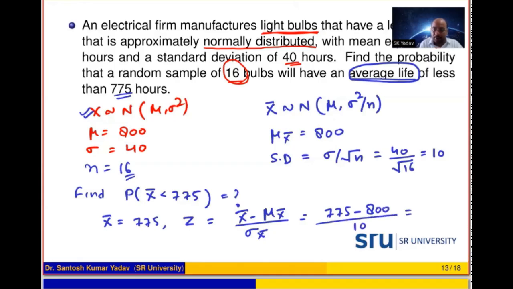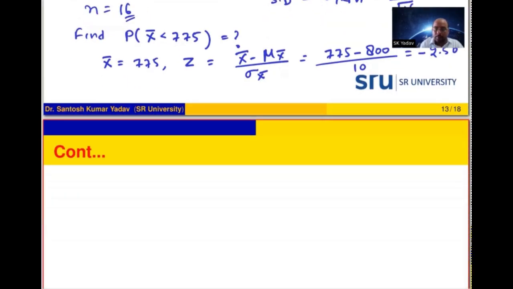So this is minus 25 divided by 10, so minus 2.50. So your Z value here is minus 2.50. So this implies Z is equal to minus 2.50.